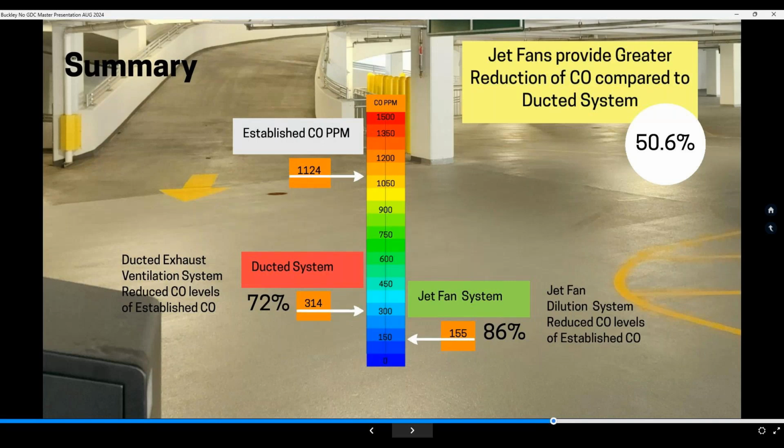Over here with the jet fan, starting with the same 1124, it reduced by 86%, from 1124 down to 155 parts per million. If we compare the ducted system and the jet fan system, the jet fans reduced an additional 50% of carbon monoxide, greater than what the ducted system did. So jet fans provide a greater reduction of carbon monoxide when compared to ducted systems.